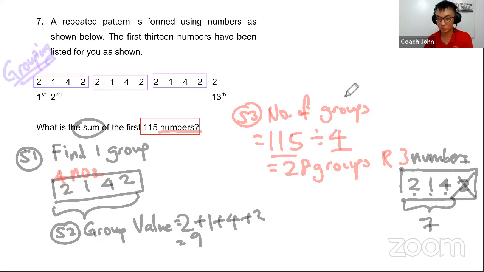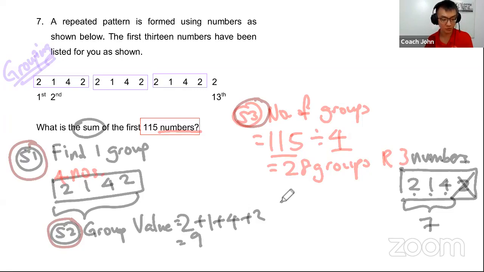So let's check. For grouping, you can use step 1, find one group, step 2, group value, step 3, number of groups. So far, so good. See, somehow knowing these 3 steps will guide you towards solving. In fact, for problem sums, they are really predictable, and a lot of times, parents can learn such techniques from us very easily.